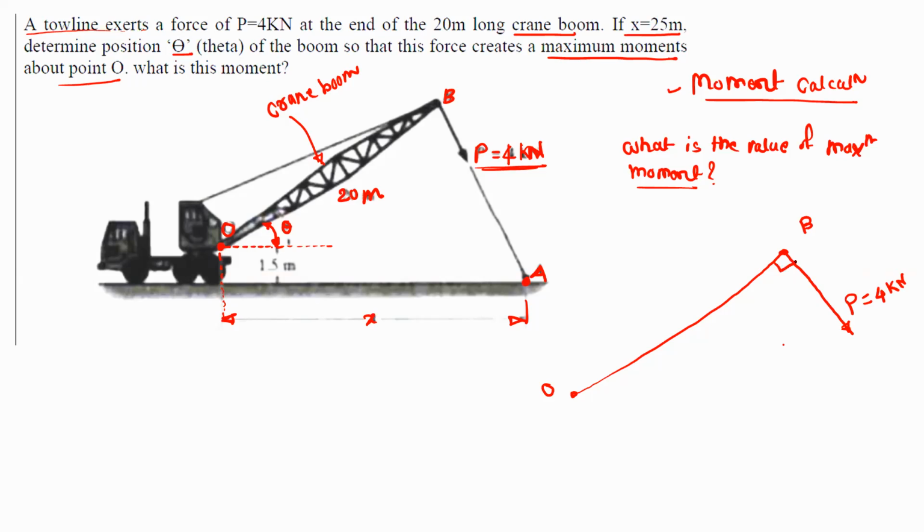which is equal to 4 kilonewton. If this angle is 90 degrees, then and only then the moment by this force will be maximum about the point O. If you change this angle, just make it acute, and suppose this angle is obtuse, for both these angles, moment will be less than the maximum value.